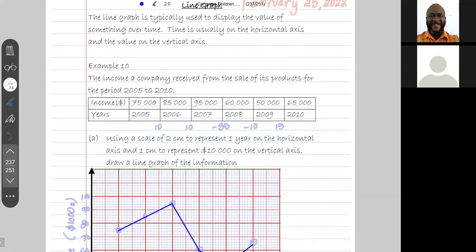This is 1, 2, 3 times. So the income from sales has been greater than 65,000 3 times. In 2010, it was equal to 65,000, but we're not looking at times when it was equal. We're looking at times when it was greater.